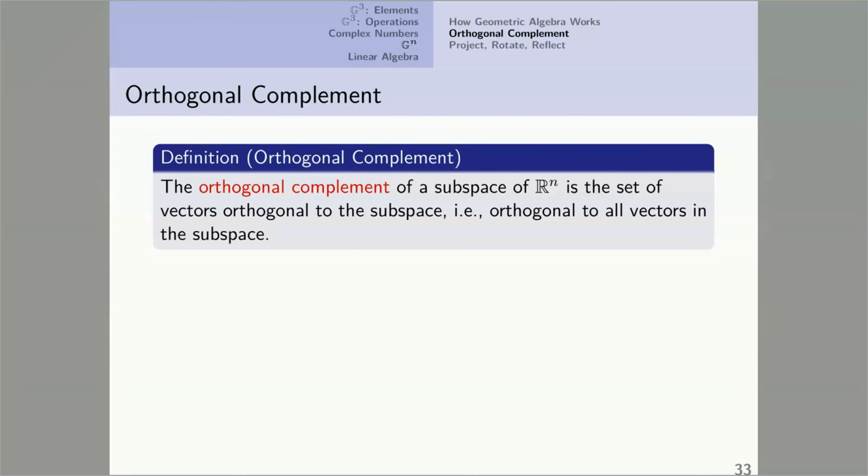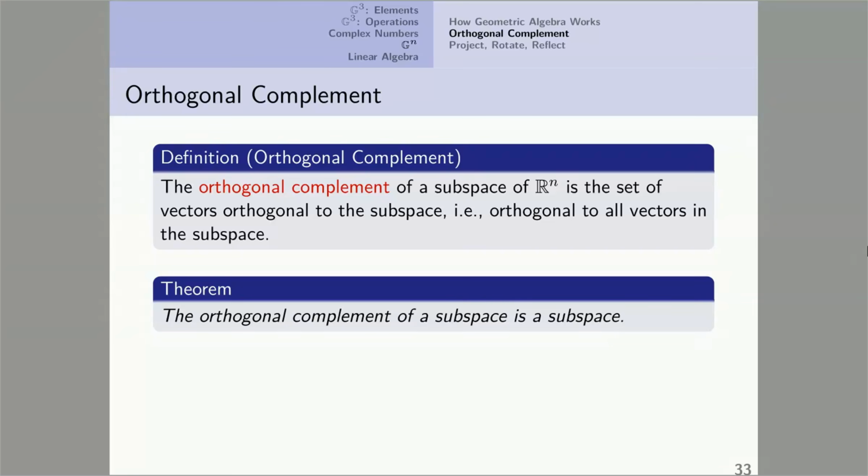Orthogonal complements. The orthogonal complement of a subspace of Rn is the set of vectors orthogonal to the subspace, that is, orthogonal to all vectors in the subspace. Here's a standard theorem: the orthogonal complement of a subspace is a subspace.